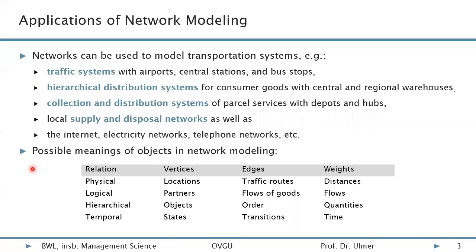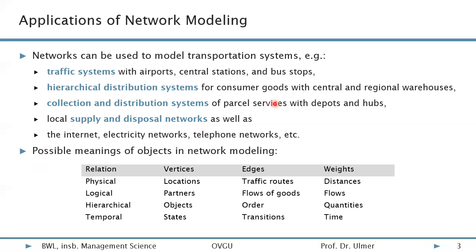Others, hierarchical distribution systems, we have maybe one factory, or we have Amazon, the headquarter, or the head facility where all the goods are stored, and then we have hubs where the goods are delivered, and then we have maybe final stores or parcel boxes or final customers where the deliveries take place. And then we have a hierarchical network showing which hubs are connected with which stores and so on.